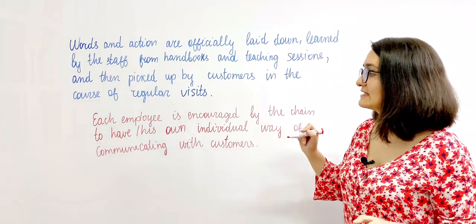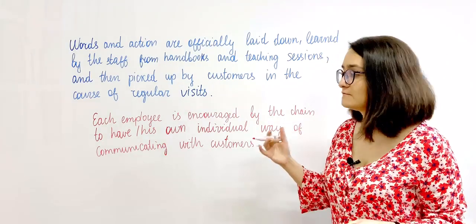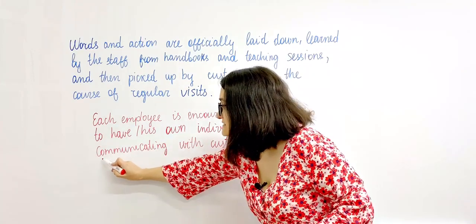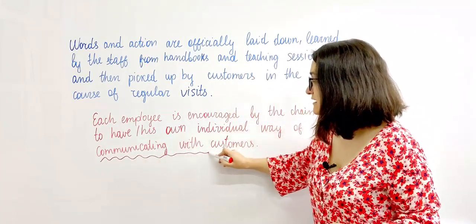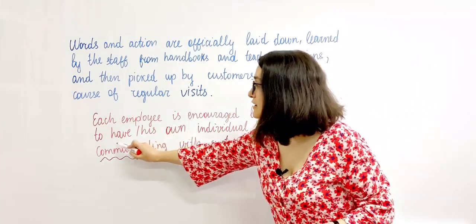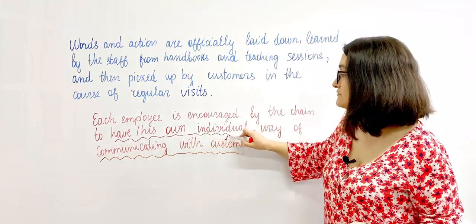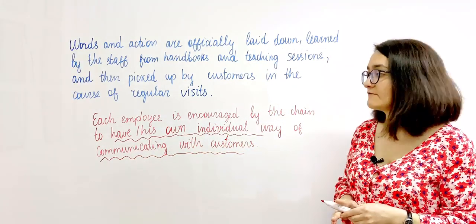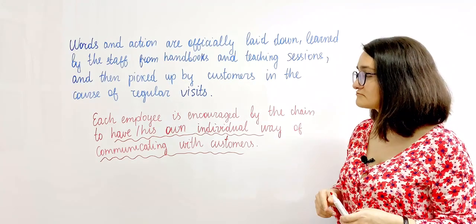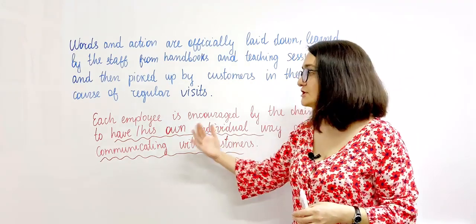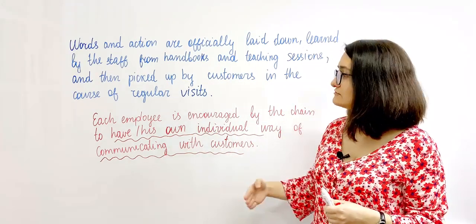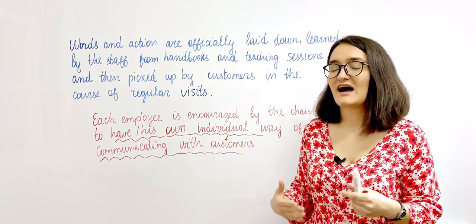It can help you to understand the passage more clearly. So here I think our keywords, the words that we have to focus on, are these ones. I mean communicating with customers and also to have his or her own individual way. So if I paraphrase the question, it means each employee should communicate with customers how they want.